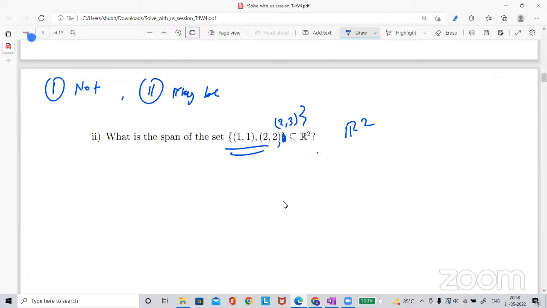Assume the span of this is R2. What it means is, let's take a vector from this vector space, a vector xy.